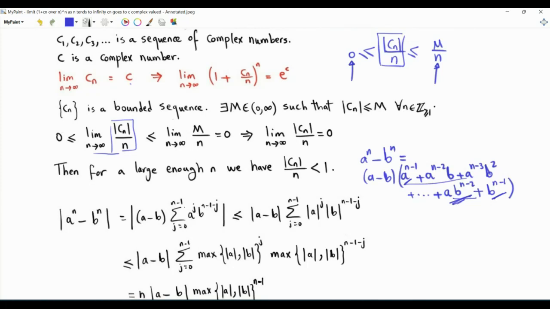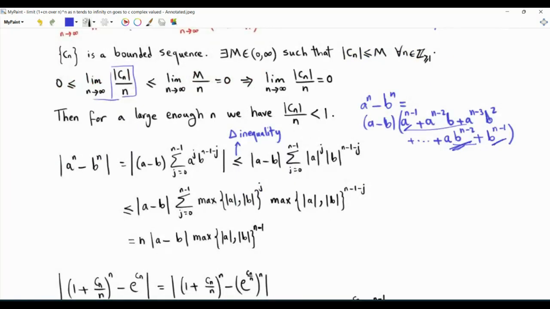Now we want to upper bound. The magnitude of this product is the magnitude of a minus b times the magnitude of the sum. And so we can employ the triangle inequality. We can upper bound the magnitude of the sum by the sum of the magnitudes. Now we can upper bound magnitude A and magnitude B, each one of them, by the maximum of the two magnitudes.